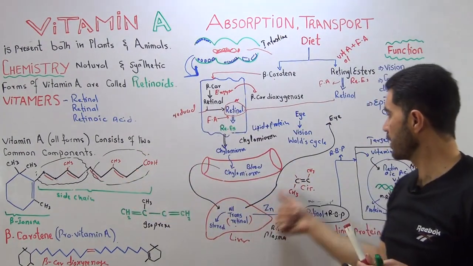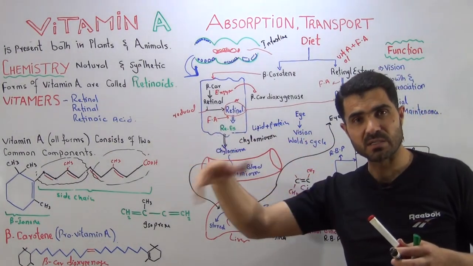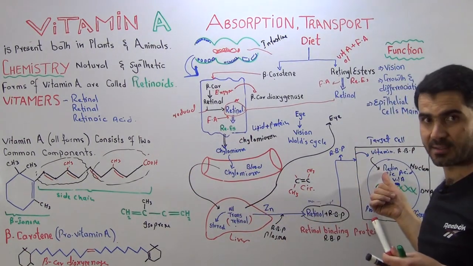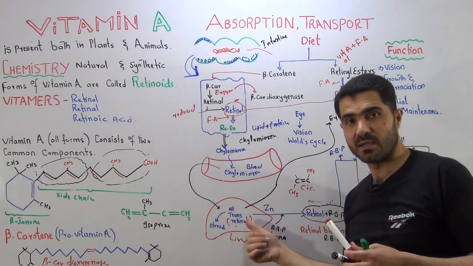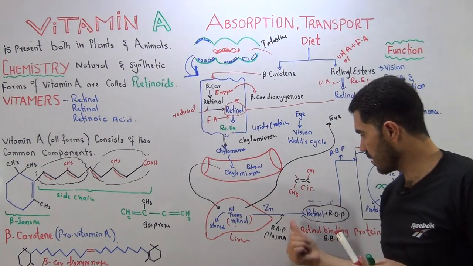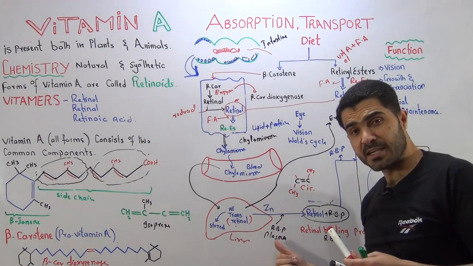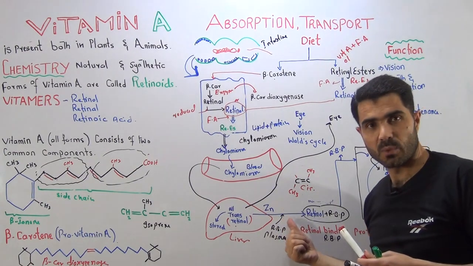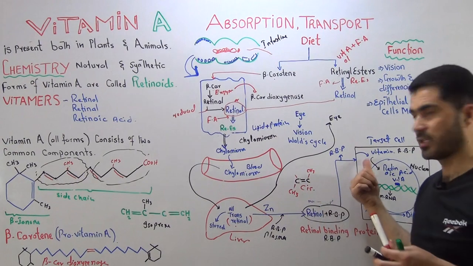So we saw that it is moving to the eye where it can participate in the vision cycle, or it is transported to the target cell. Here once again zinc is helping the vitamin A in its mobilization, and then RBP, a retinol binding protein, is attaching with the vitamin, and it will guide the vitamin A to the target cell.